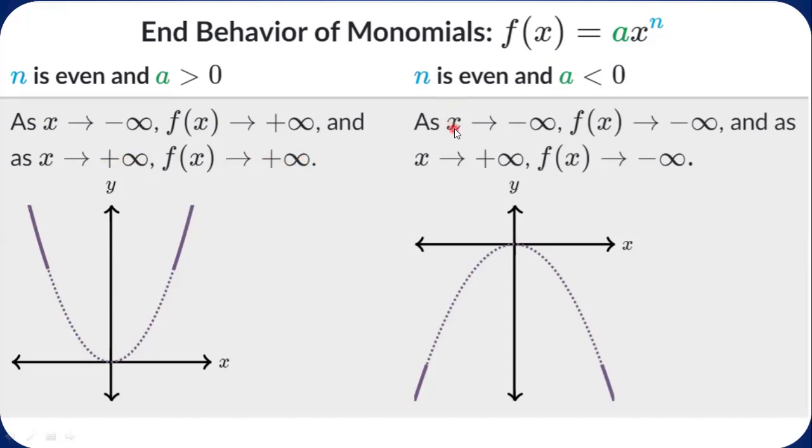And over here, the second situation is that n is still an even number, but this time you have a negative a. What I mean to say is that a is less than 0. Then you will get this type of graph. Looking at the graph, you will have to decide that this is coming down, opening downward.